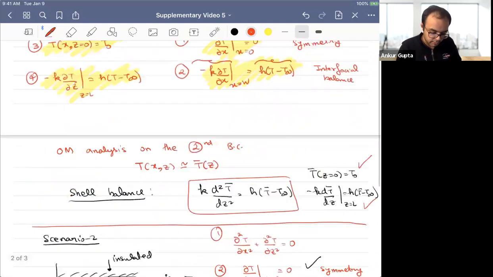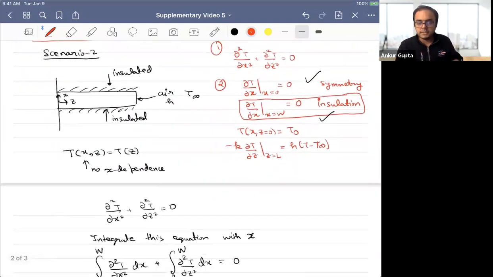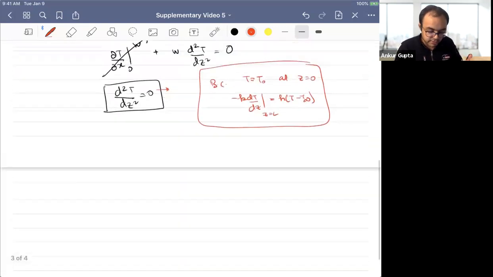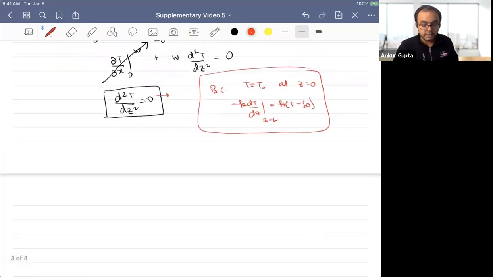In this scenario, it's exactly 1D because there is no flux in the x direction anywhere. So we can integrate and get the same equation we would expect if T was only a function of z, and the boundary conditions remain the same in the z direction.